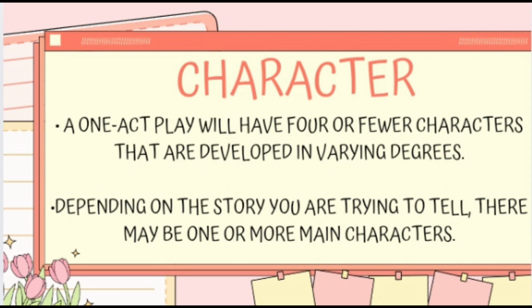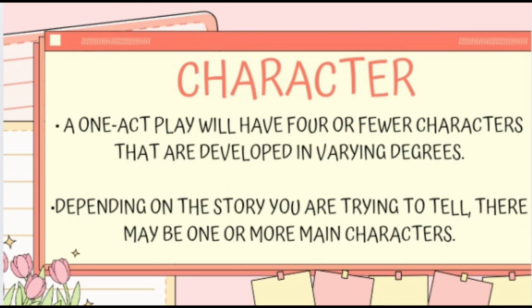So the third is the character. A one-act play will have four or fewer characters that are developed in varying degrees. Depending on the story you are trying to tell, there may be one or more main characters. So, class, the characters in a one-act play refer to the people, or sometimes animals or objects, in a play who perform the action and deliver the dialogue.